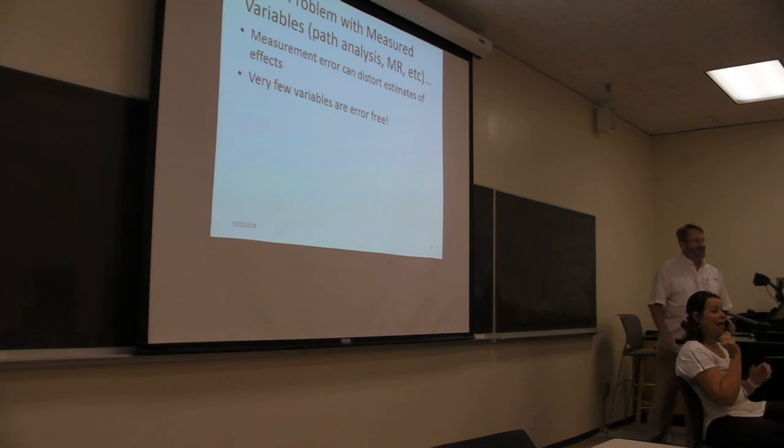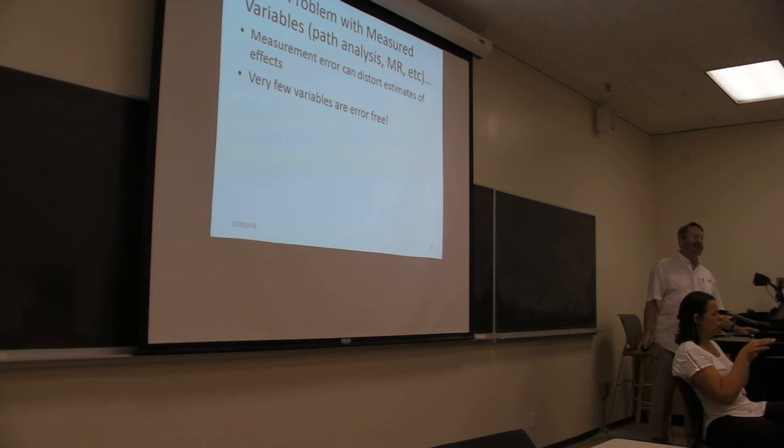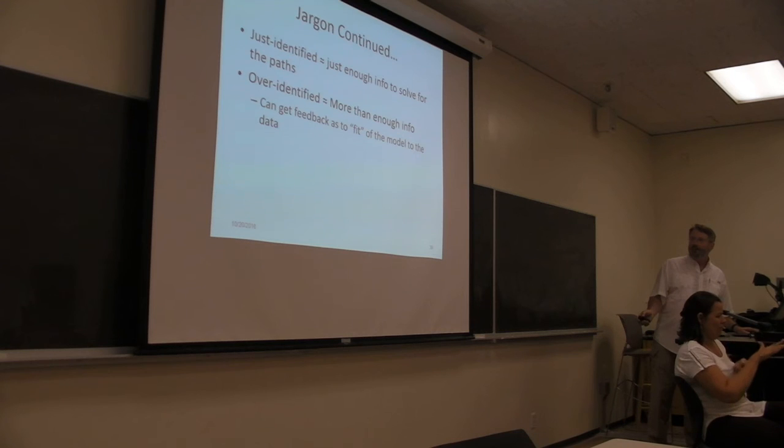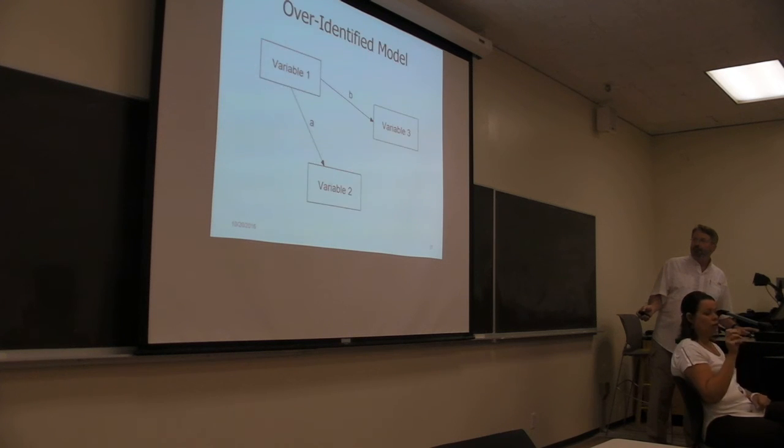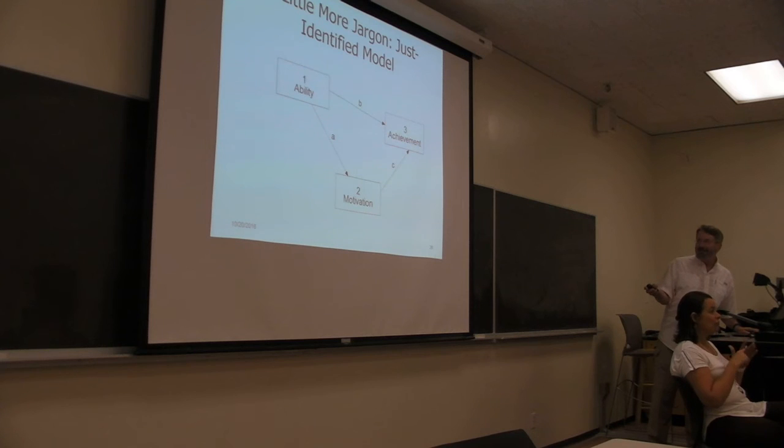Yes, Morgan? Could you describe again a little bit about over-identified and what it would mean to have more than enough info to solve for the path? Okay. I'll start by saying the same thing I said before.